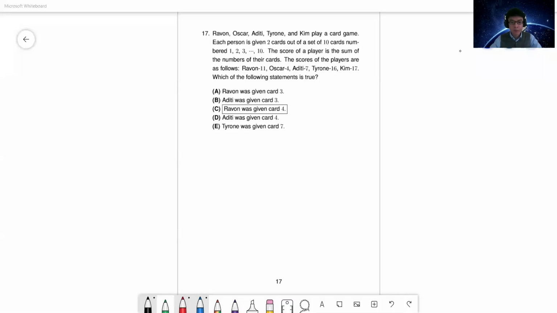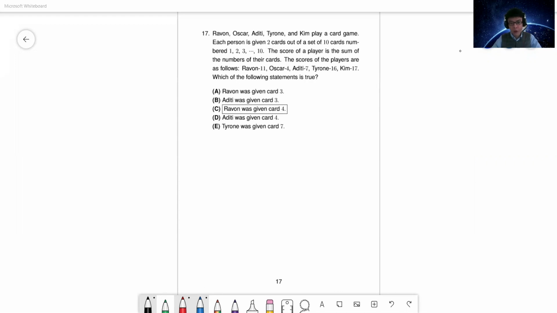Question 17. We have 10 cards with numbers from 1 to 10 and 5 people. Raven, Oscar, Aditi, Tyrone, and Kim each pick 2 cards. We add these numbers in each person's hand, so we get 5 numbers: 11, 4, 7, 16, and 17.